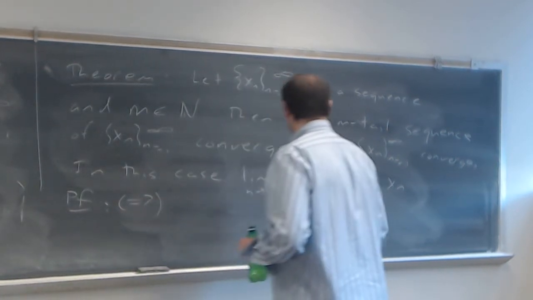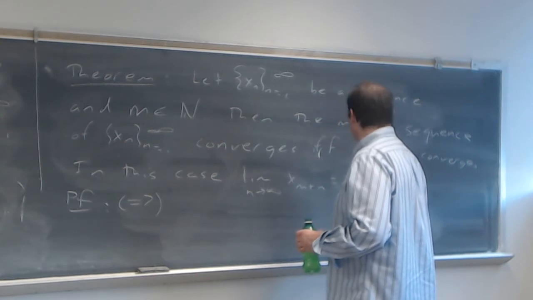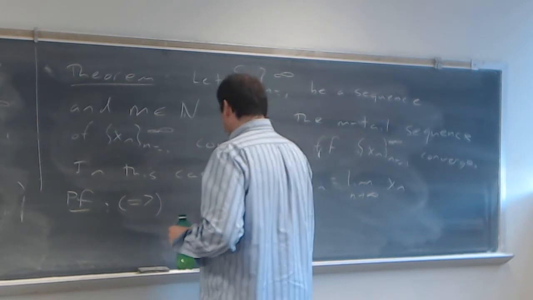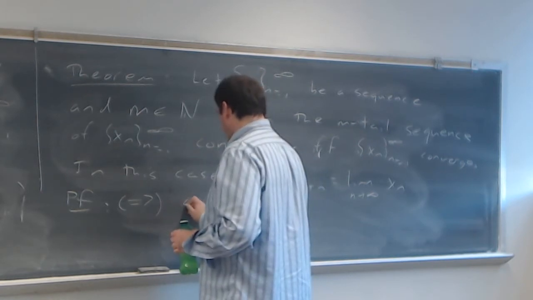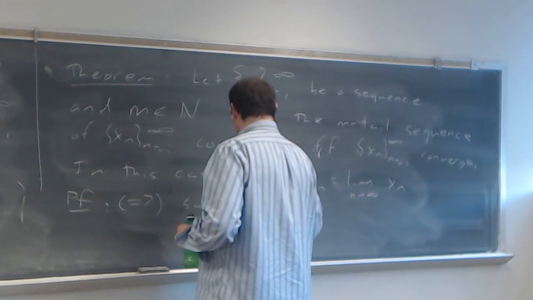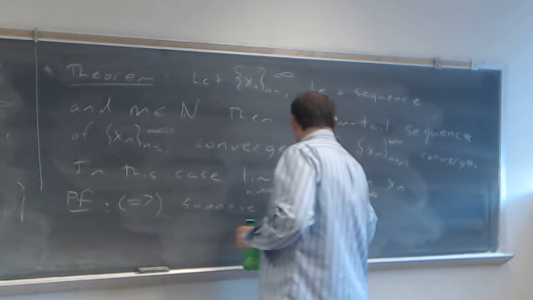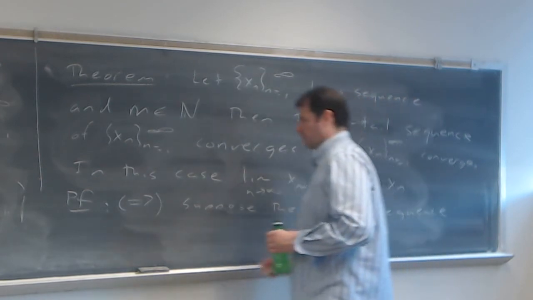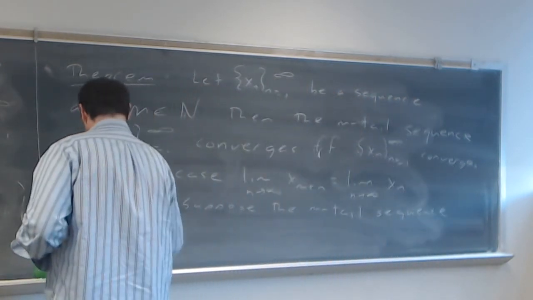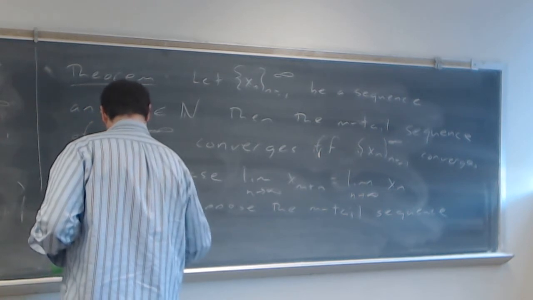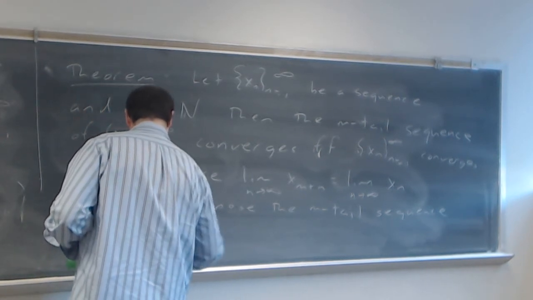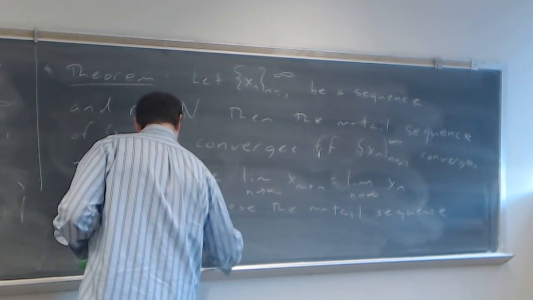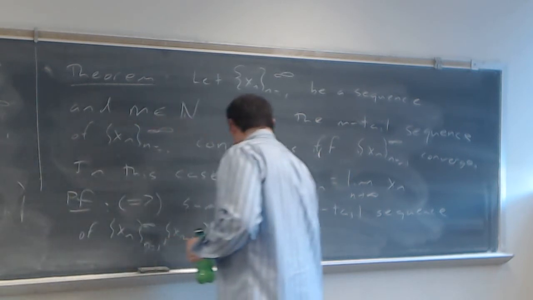And what we mean by this direction is that we'll say the first thing, then the m-tail sequence converges. So suppose the m-tail sequence of x of n, x of m plus n, as n runs from 1 to infinity, converges.